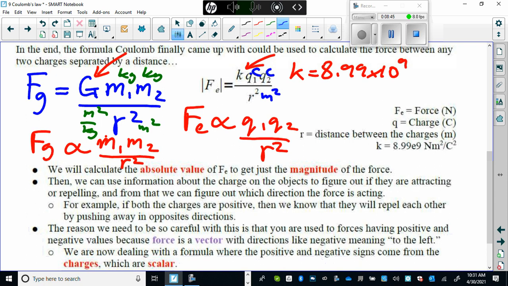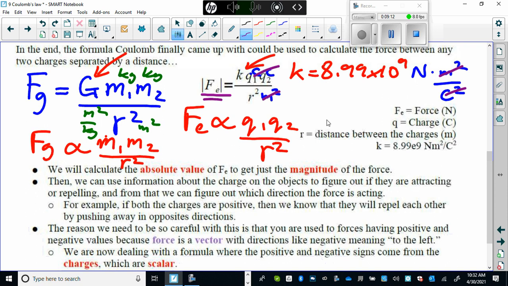So the units for the K value are newtons times meters squared per coulomb squared. Why is that? It's so that this meters squared will cancel out this meters squared. This coulomb squared will cancel out this coulomb squared, and we're left with newtons. So that's why they have these crazy units.